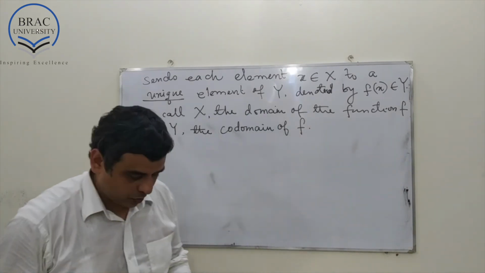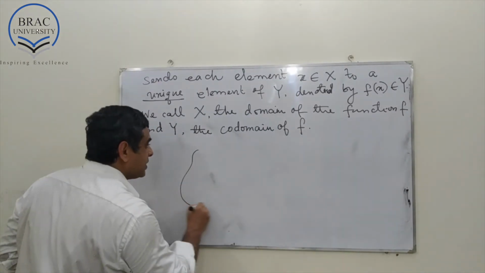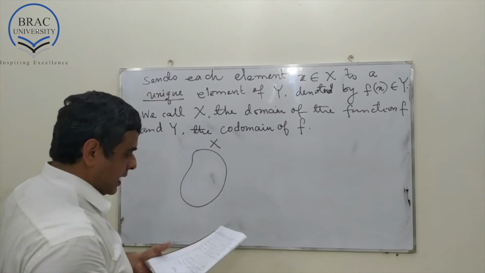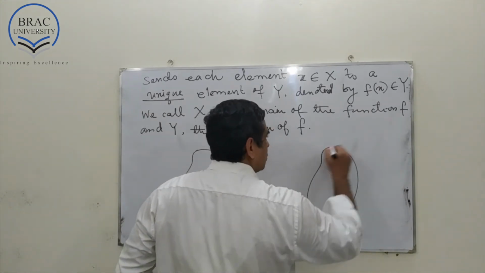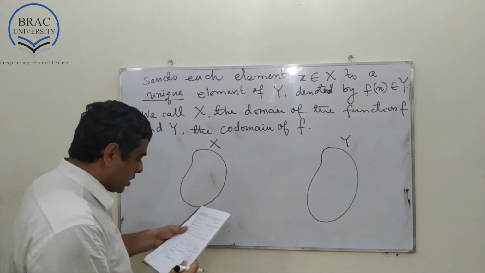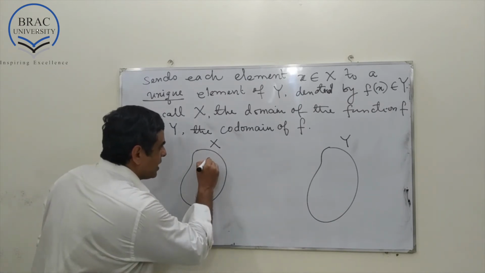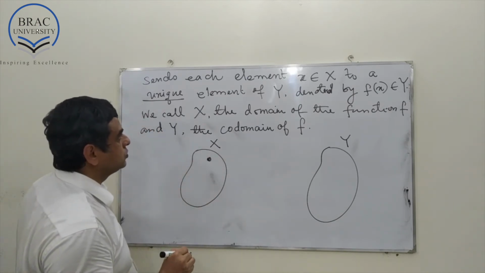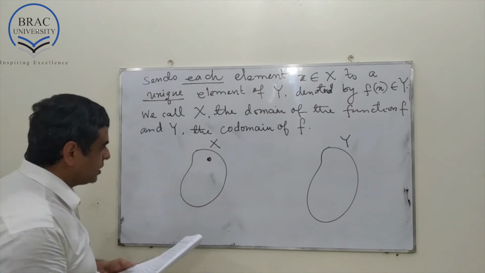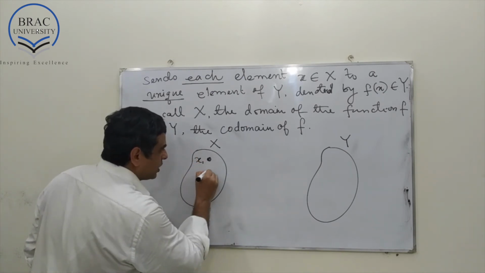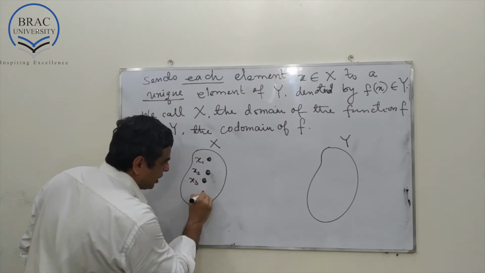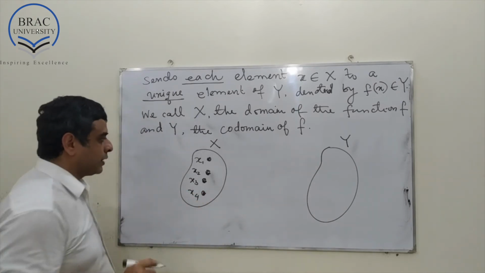Let us denote the domain of the given function with X and the codomain with Y. There are 4 elements in the domain: x1, x2, x3, x4.